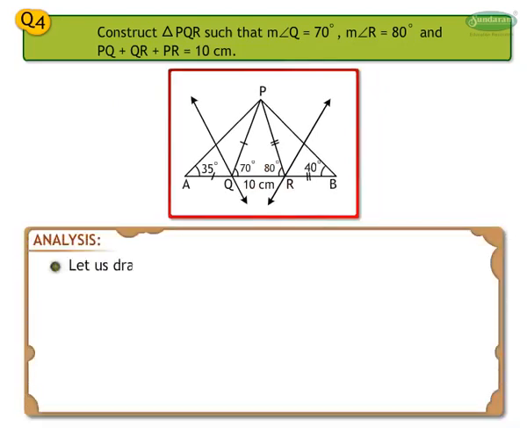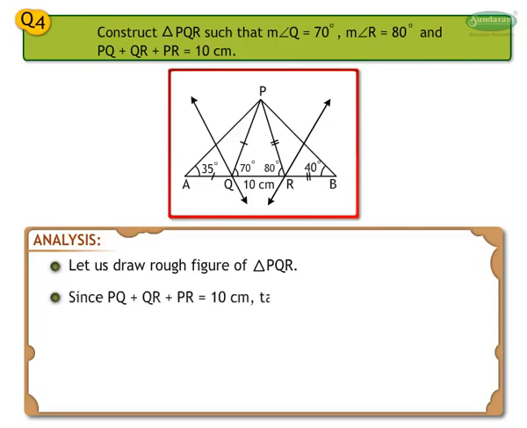Analysis. Let us draw a rough figure of triangle PQR. Since PQ plus QR plus PR is equal to 10 centimeters, take AB equal to 10 centimeters and points A, Q, R, B are collinear.